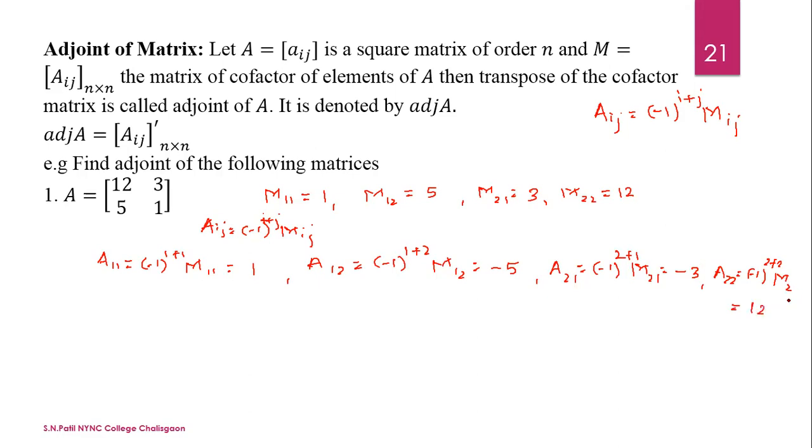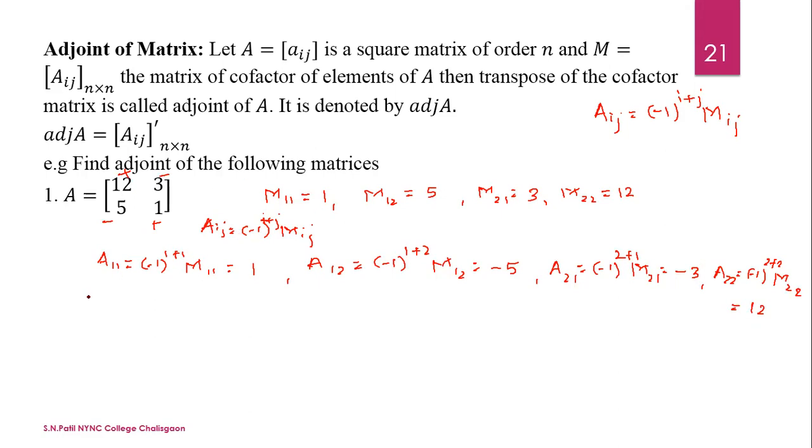M22 is 12. Otherwise, instead of writing minus 1 raised to i plus j, you just remember we have plus sign, minus sign, minus sign, plus sign. You can directly write plus minus in this. After sufficient practice, you can write the plus minus.